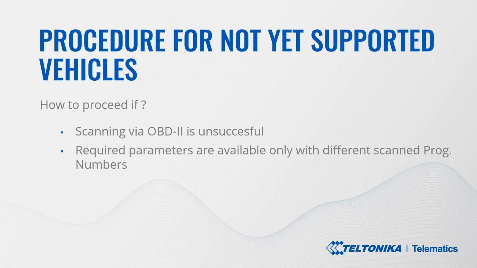In such a case we can simply do a software change, and for it to be completed, it would be required that you provide us a list of program numbers that you have tested, specify the parameters that were read with each specific program number, and also, of course, the vehicle information such as model and year.